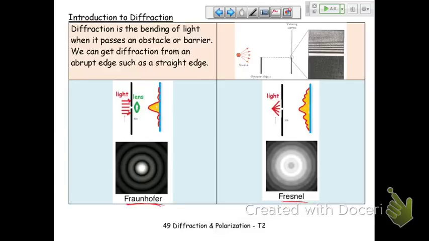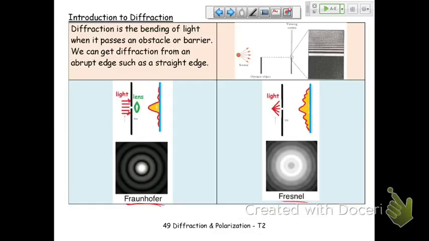So we say diffraction is the bending of light when it passes an obstacle or barrier. We get diffraction from an abrupt edge, such as a straight edge. So frankly, in that last chapter, when we showed those diffraction patterns, those interference patterns, we were cheating a bit.